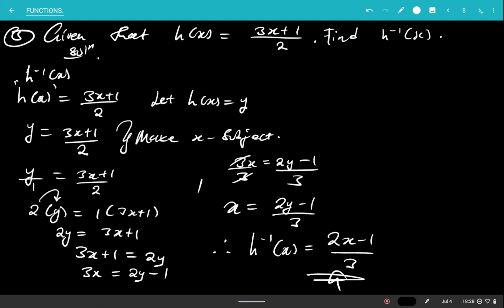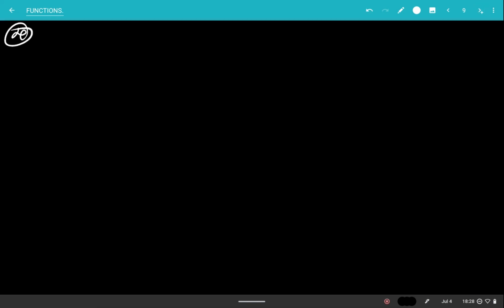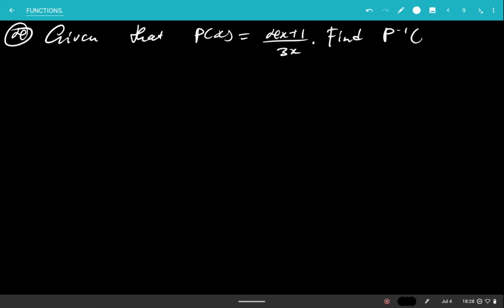Now, at times, I did make mention it's the last example, but I feel like I have to explain just one example. I want you to understand that at times, let's say, you might be given such a problem. Given that p of x is equal to 4x plus 1 over 3x. Then I say find p inverse of x.